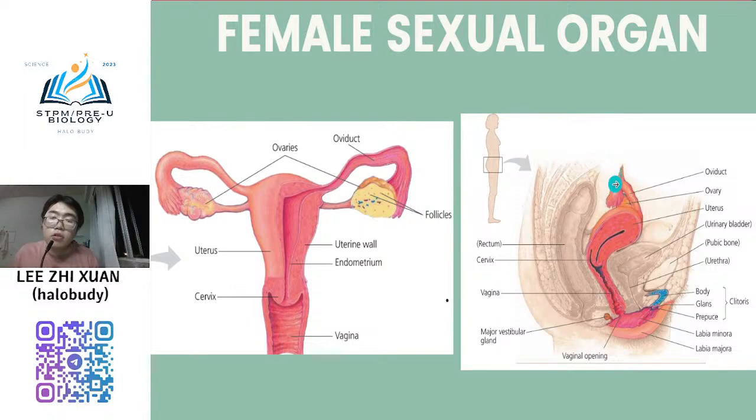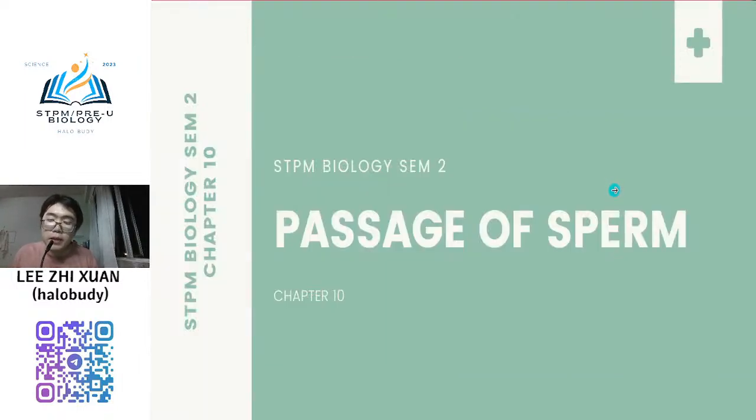Next we will go to another topic, the passage of sperm. This is in our syllabus. Before you learn this, you need to know the overall structure of the sexual organ. This is the first outcome in the syllabus, about the passage of sperm from the male until the female.